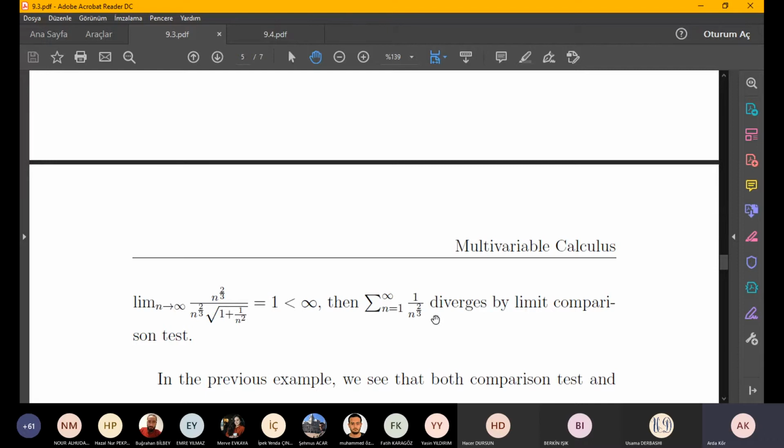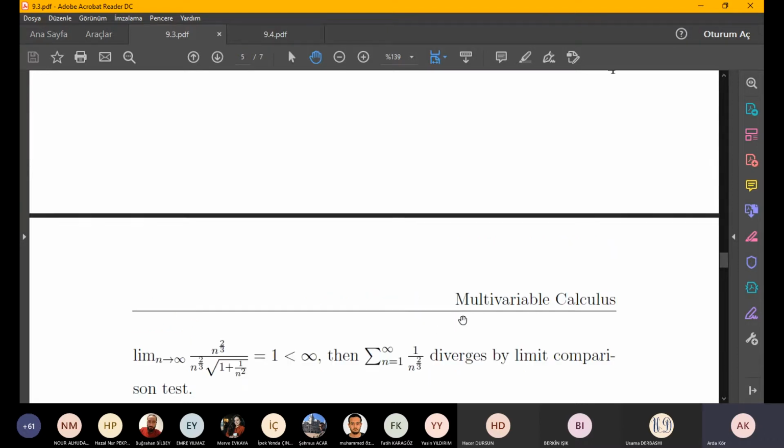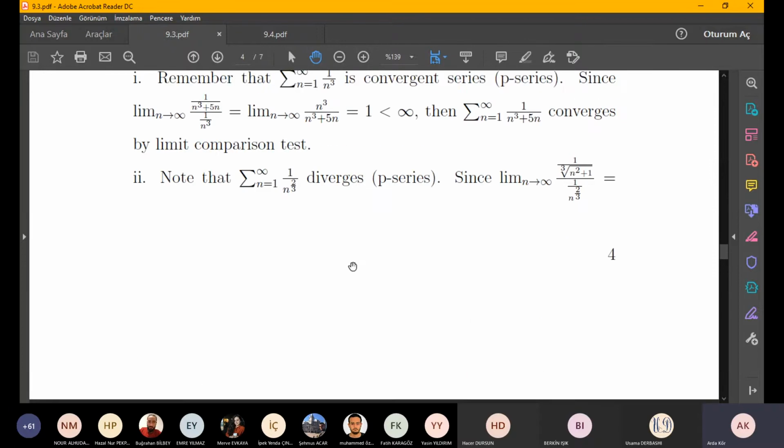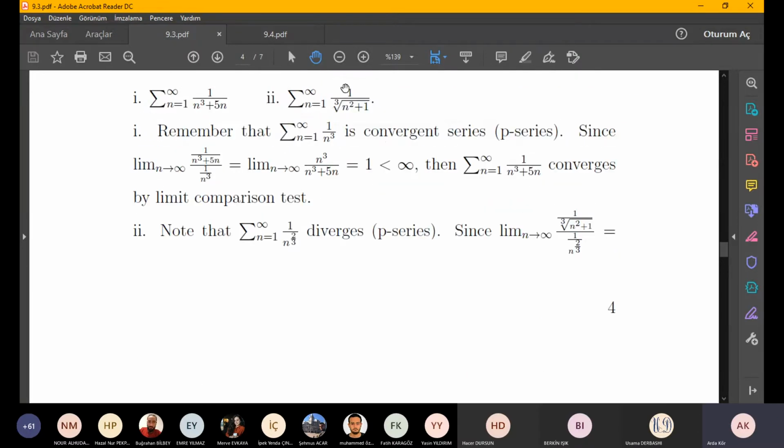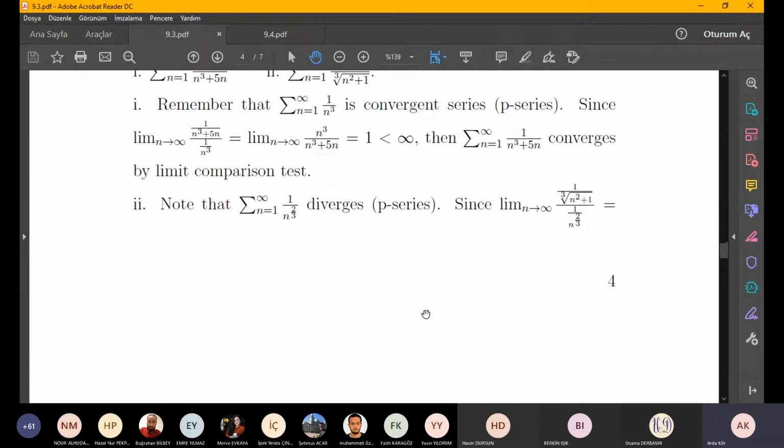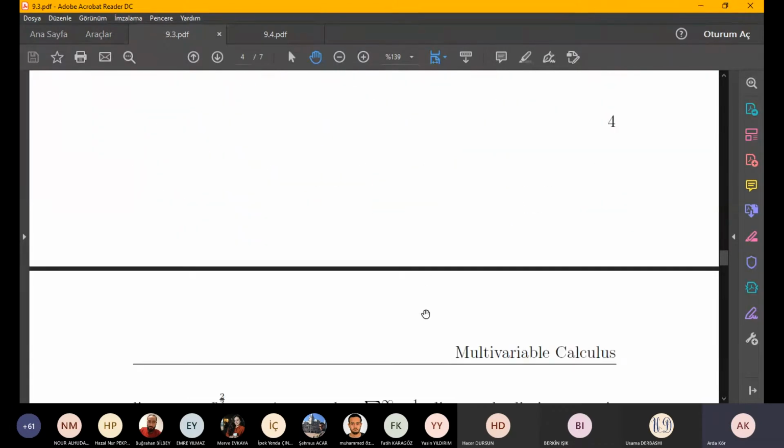And by the first case of the limit comparison test, we can directly say the series of 1 over the cube root of n squared plus 1 also diverges. We can directly say that.